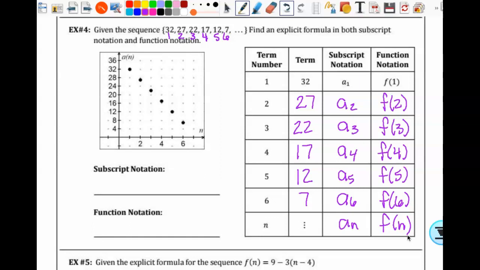Tell me something you know about the common difference besides what it is specifically. It's negative. Okay, and then specifically, it is negative what? What's the common difference here between these? 5. Right, just subtracted 5 each time.